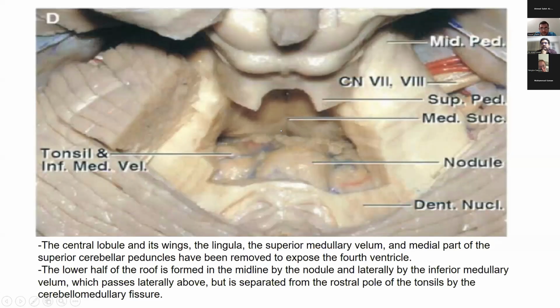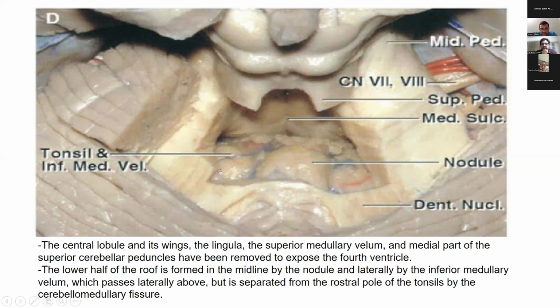Now we will remove this as well. We have removed the central lobule and its lateral wings, the midline lingula, and the superior medullary velum. Over here, we have also removed some part of the superior peduncle. What you see in the midline is the nodule. As I mentioned, the nodule is the deepest part of the vermis, so we have to remove part of the structures to appreciate it.